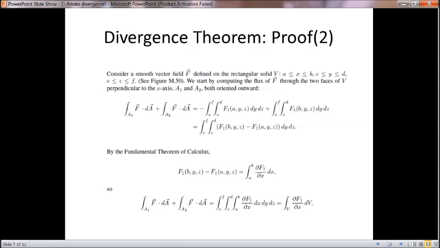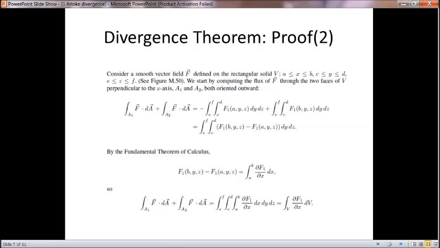By the fundamental theorem of calculus, F1 of B, Y, Z minus F1 of A, Y, Z is equal to the integral of A to B of dou F1 by dou X into dx.